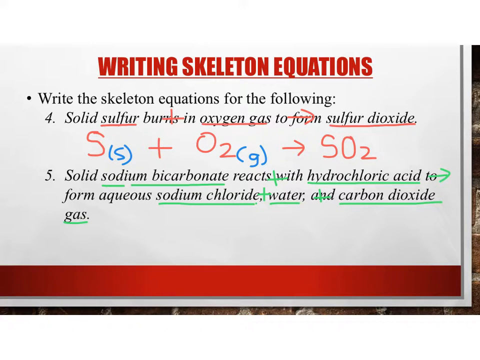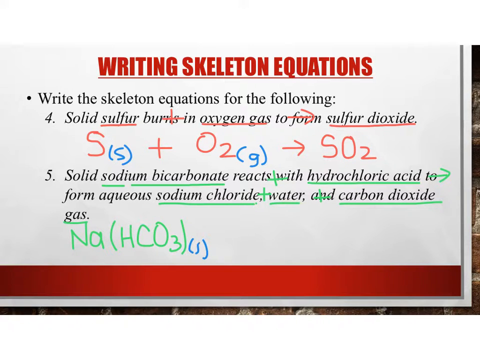So we have sodium bicarbonate. We're going to get that bicarbonate from the back of our periodic table with the polyatomic ions. So we have some sodium bicarbonate. Both of those are 1s for their charges, so we're not going to write any numbers. But we do know that it is a solid.